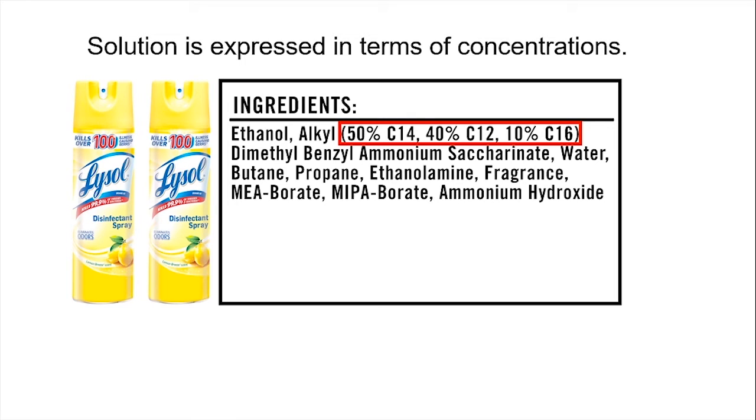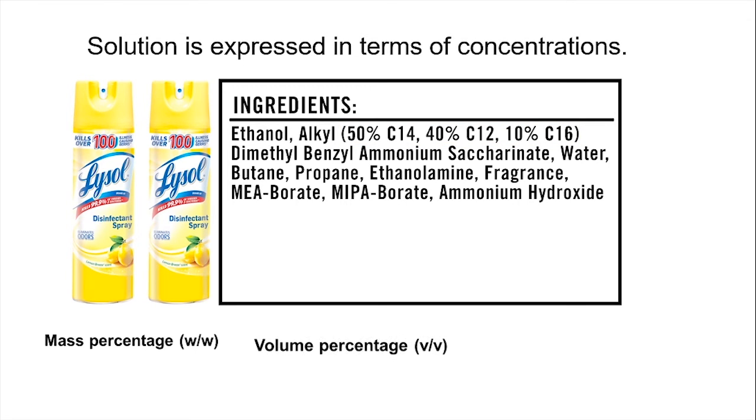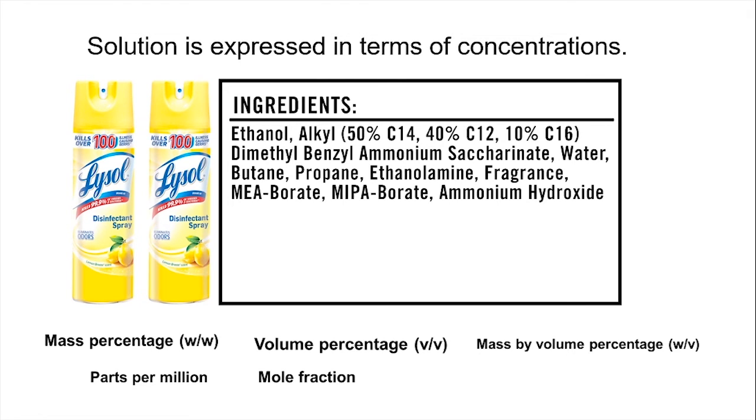There are several ways by which we can describe the concentration of a solution: mass percentage, volume percentage, mass by volume percentage, parts per million, mole fraction, molarity, and molality. Now let us define each term in brief.